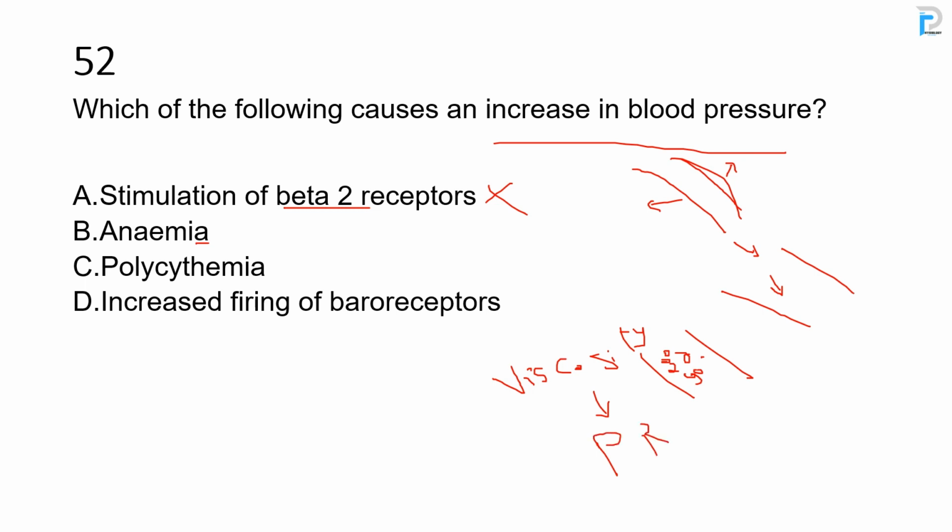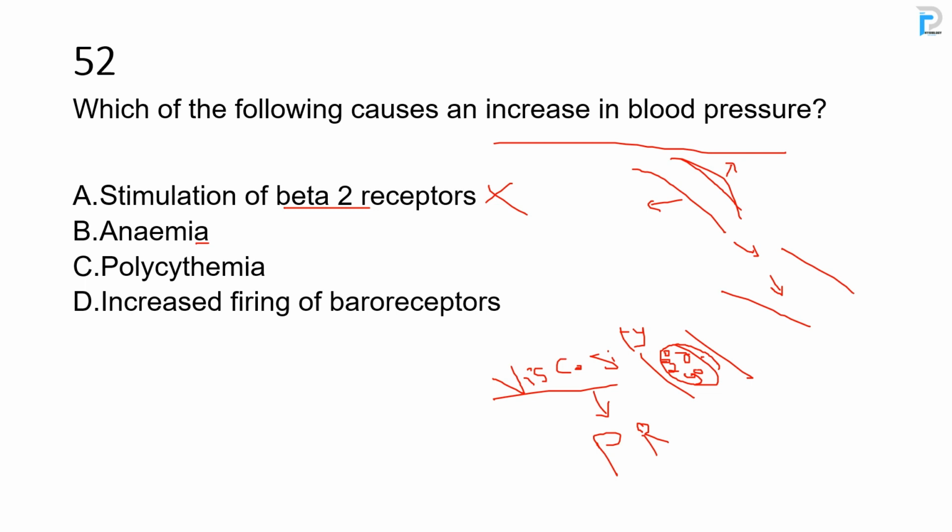One factor I mentioned earlier for determination of peripheral resistance is the diameter of the arterioles. Vasoconstriction increases resistance, vasodilation decreases resistance. We have another important factor, which is the blood viscosity. How thick, how viscous is the blood? The higher the viscosity, the higher the peripheral resistance.